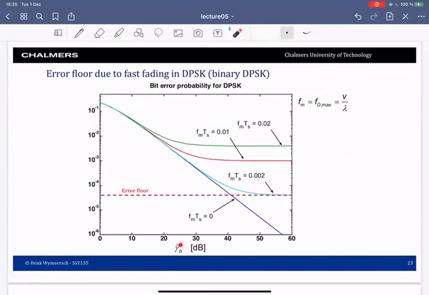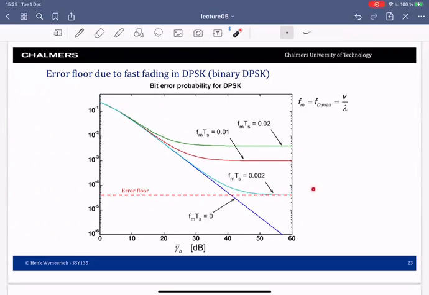So on the x-axis, you have the average SNR due to path loss and shadowing. On the y-axis is the bit error rate or symbol error rate. And then we have different curves. So the blue curve is when there is no mobility, so the channel doesn't change. And in that case, you will have this kind of performance. So that's a bit similar to Rayleigh fading. When the channel changes, you will have an error floor.